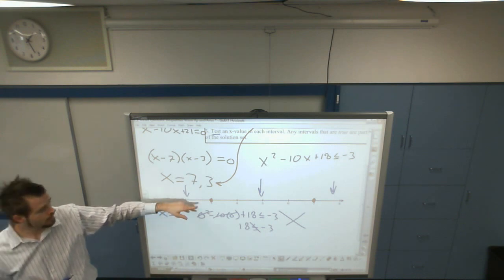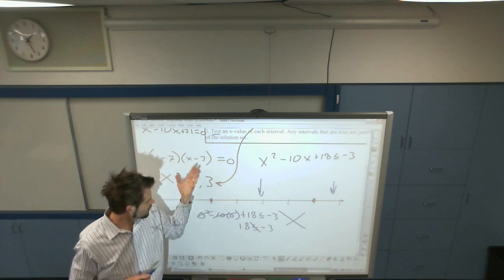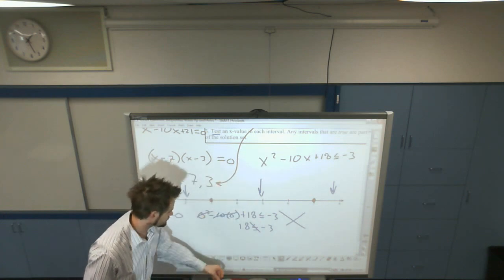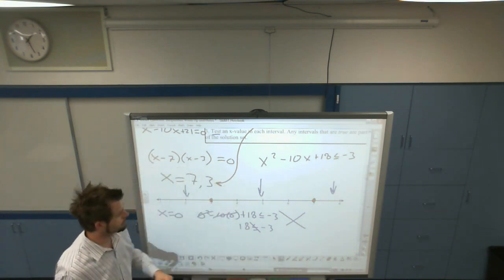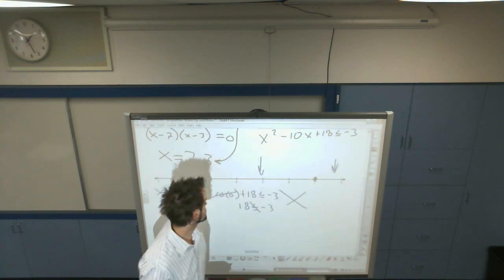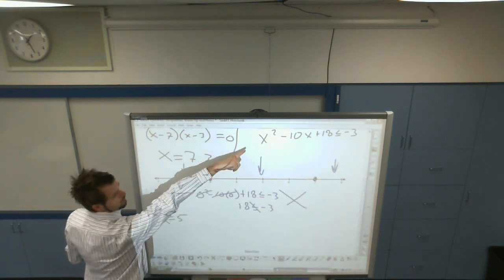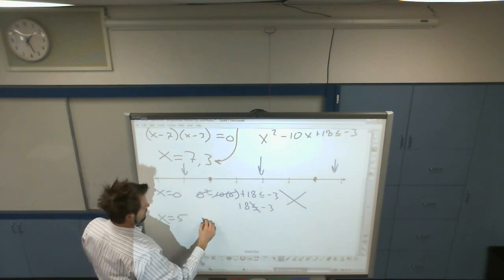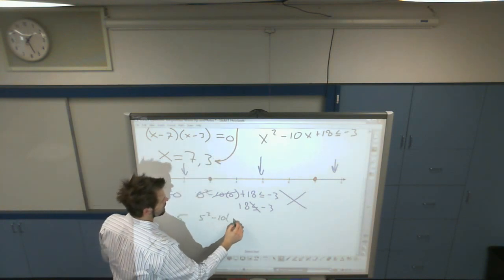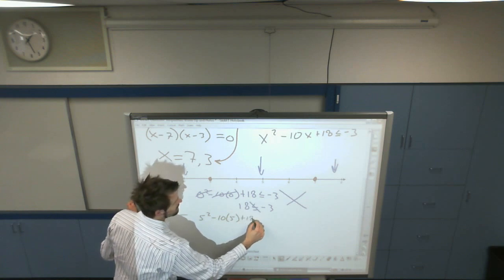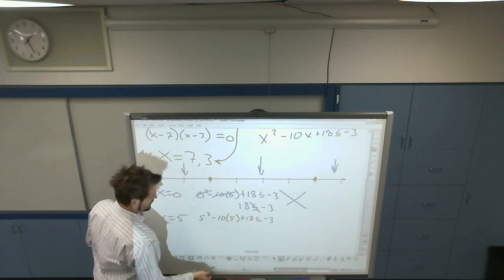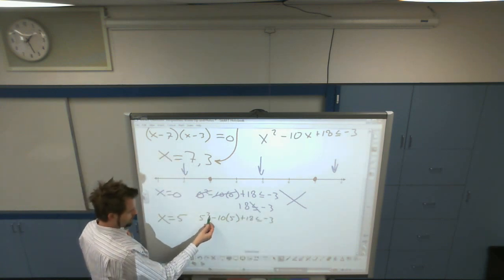Moving to the next one. Let's check the region in the middle. I don't know. Let's plug in 5. 5 sounds good. X equals 5. Plugging it into my original inequality. 5 squared minus 10 times 5 plus 18 is less than or equal to minus 3. Let's see, this is 25.